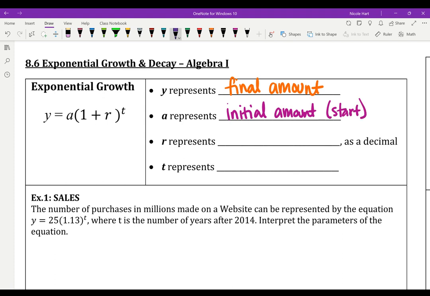R is representing the rate of change as a decimal, and it's going to be a decimal between 0 and 1. So we might be given a percentage and we're going to need to change it into a decimal. We'll talk about that. And then t represents time. And that time could be months, days, weeks. It just depends on the stipulations of the question we're looking at.